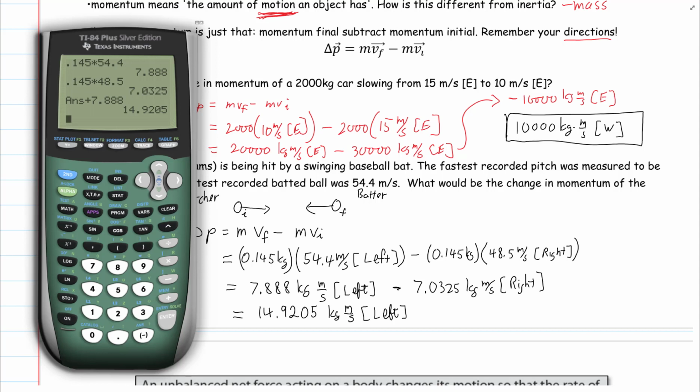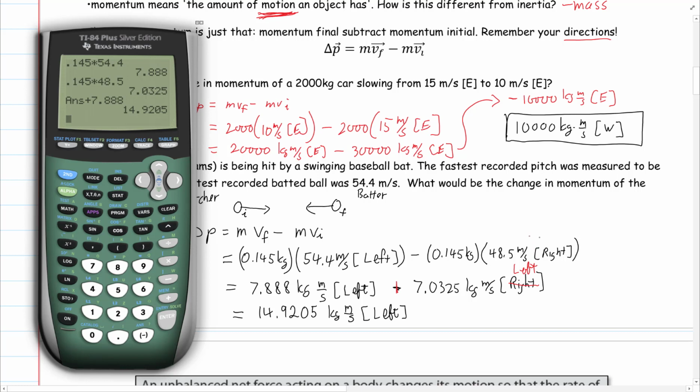Well, there you go. So it has 7.888 to the left, final, and when it was going in, it went in at 7.0325 to the right. We have to subtract them because that's what the change in is, but it's a negative and it's a different direction, so we make it positive and we change that to left.